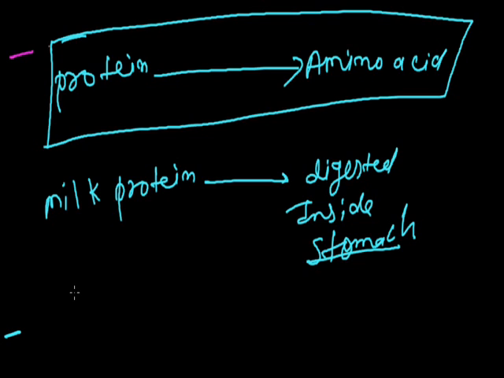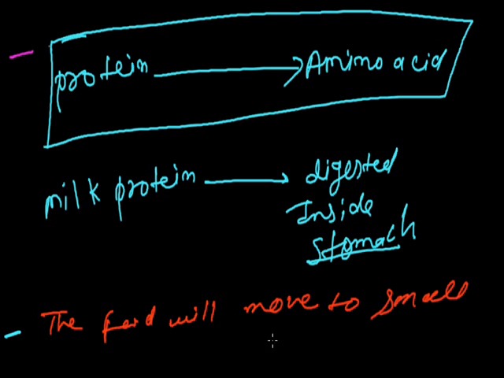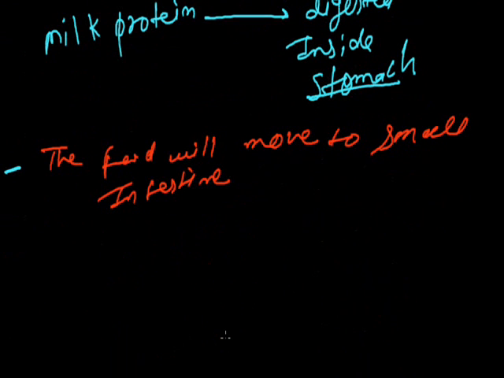After the digestion inside the stomach, the food will move to the small intestine. We know that the small intestine is a coiled part having three parts.